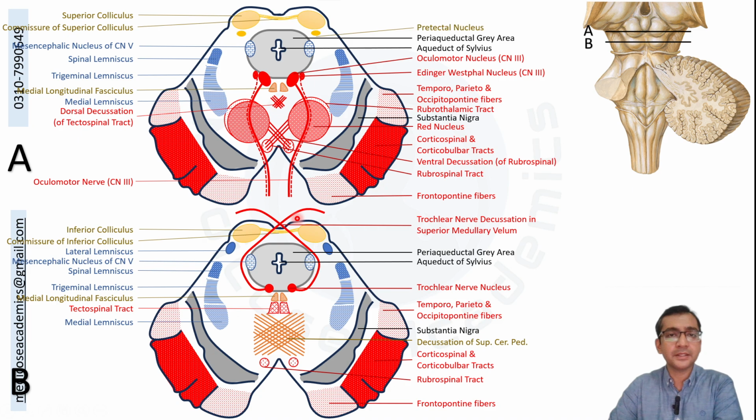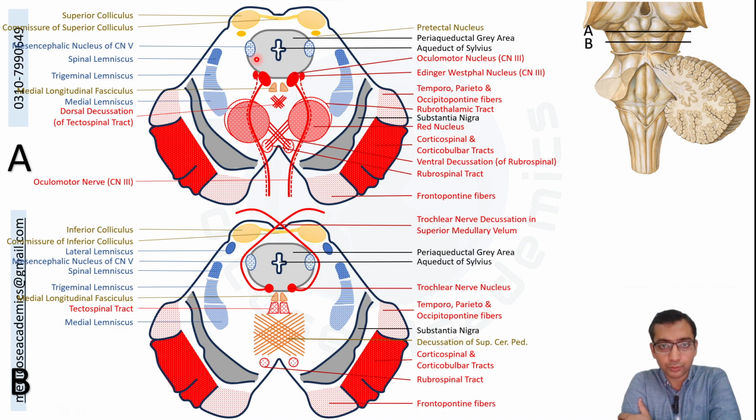There are some minor things that are still remaining. The pretectal nuclei are present just anterior or anterolateral to the superior colliculus, and these are the nuclei that are responsible for the light reflexes. As you can link to the lecture on the cranial nerve nuclei, it's already uploaded here.